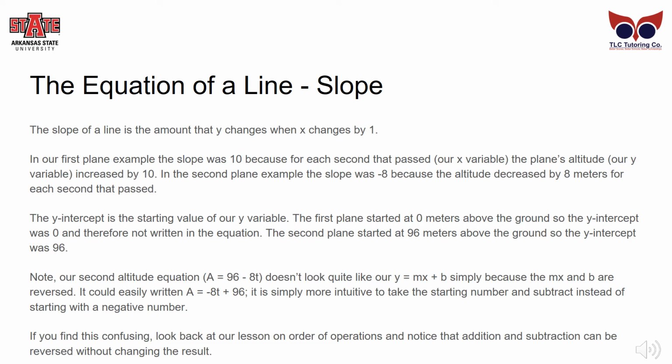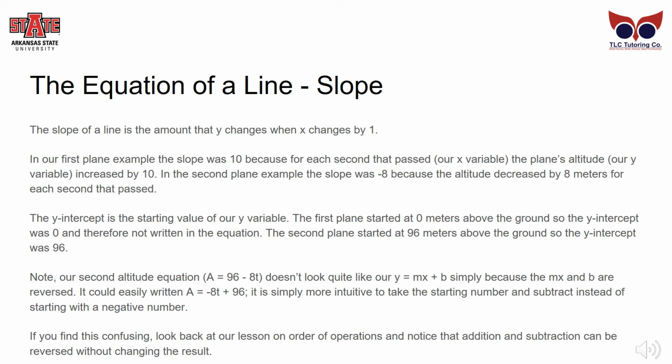In the second plane example, the slope was -8 because the altitude decreased by 8 meters for each second that passed. The y-intercept is the starting value of our y variable. The first plane started at 0 meters above the ground, so the y-intercept was 0, and therefore not written in the equation. The second plane started at 96 meters above the ground, so the y-intercept was 96.